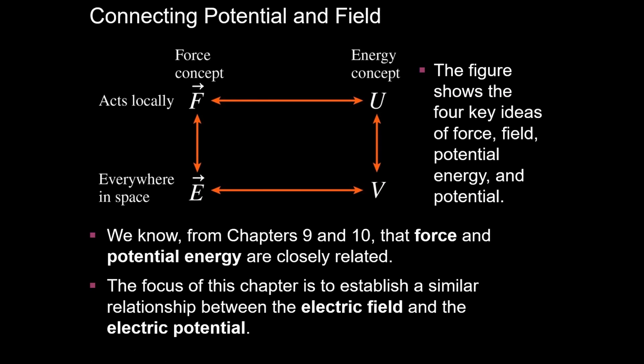And so the relation between F and U is an integral, right? To go from force on an object to its potential energy, you integrate the force, and to go from potential energy to force, you differentiate. So that two-way arrow at the top there is related to the integral-derivative relationship, basically the fundamental theorem of calculus.